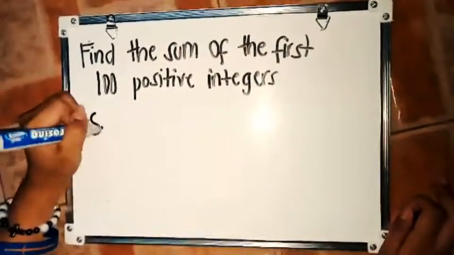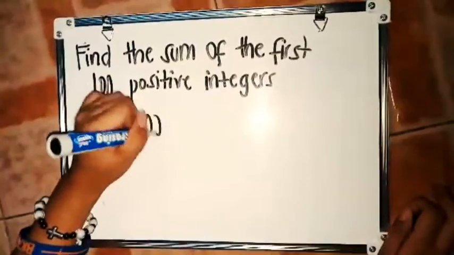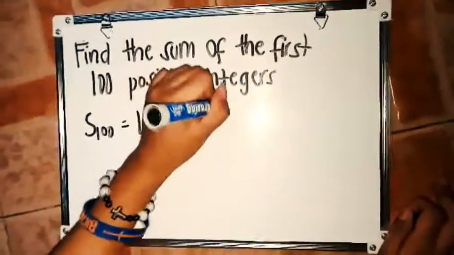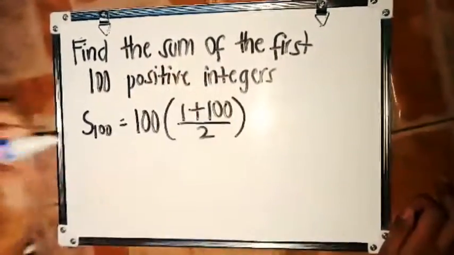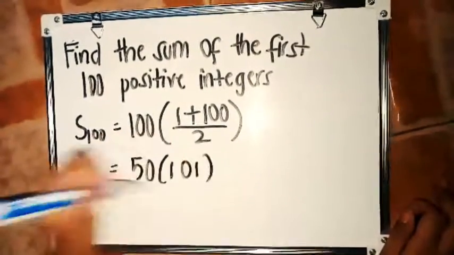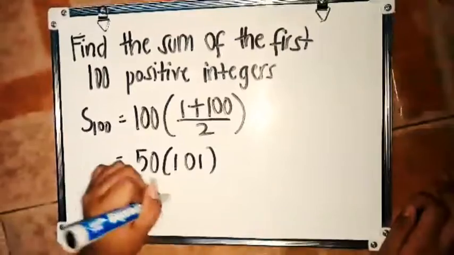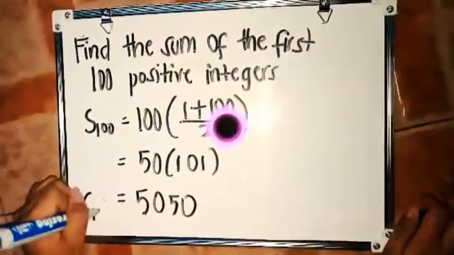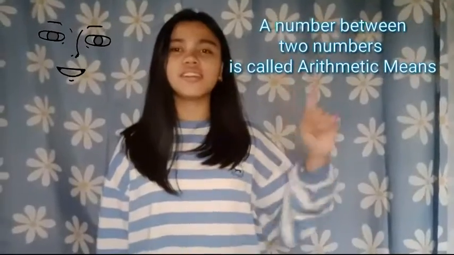S sub 100 equals 100 times the quantity of 1 plus 100, over 2. We will use cross multiplication. 50 times 101 equals 5050.